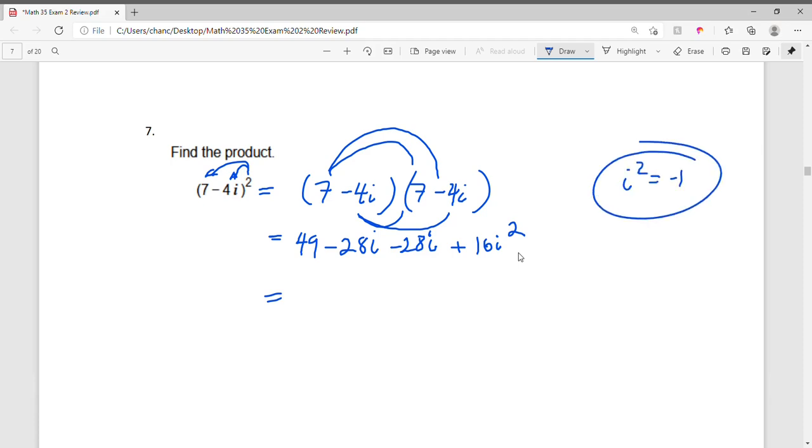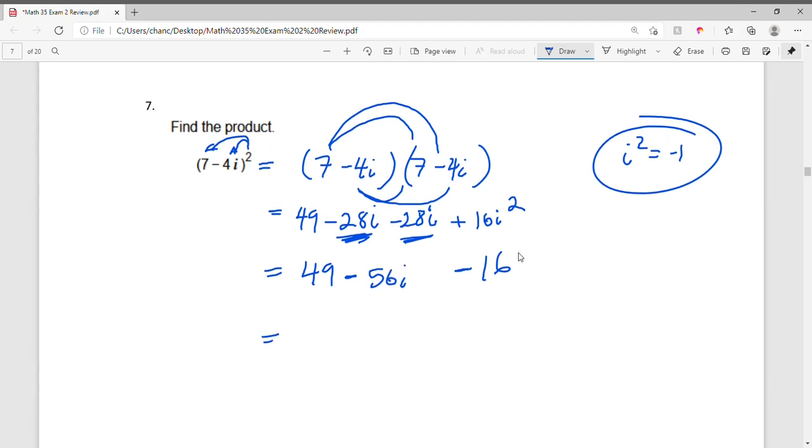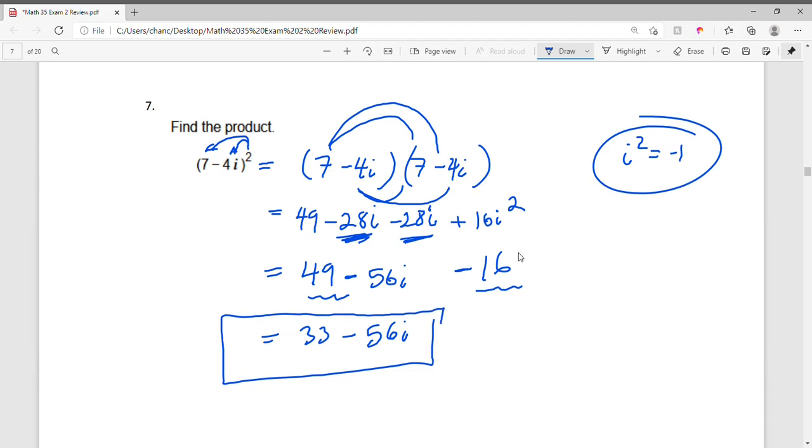That means 16i squared is actually negative 16. And so we can simplify some more. 49, negative 28i, and negative 28i is negative 56i. Let's collect like terms. 49 minus 16, that's 33. And we'll bring down the 56i. So our solution is 33 minus 56i.